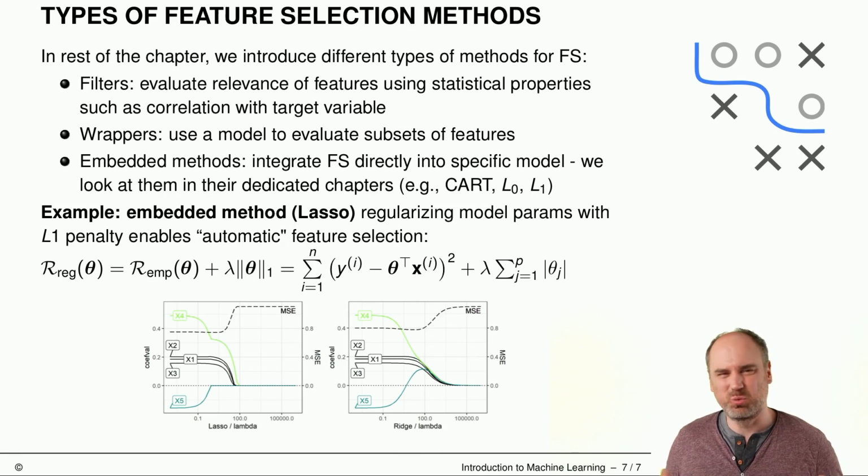And wrappers are quite expensive. So you usually do that if you really care about predictive performance. Maybe you also care about producing really small feature sets, which are quite carefully constructed so you can interpret them. But as you will see, these come with considerable computational costs.